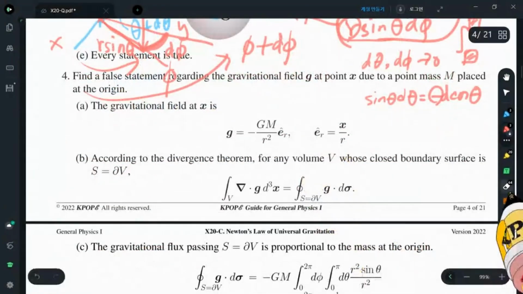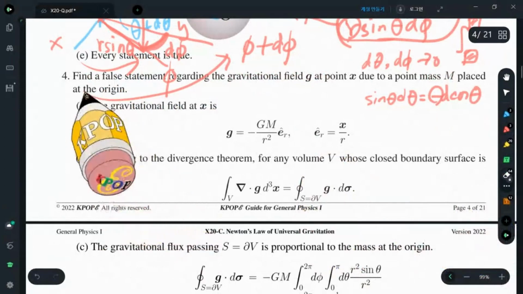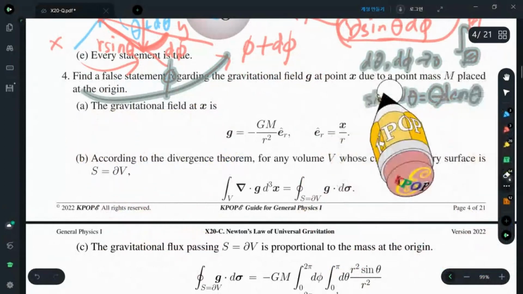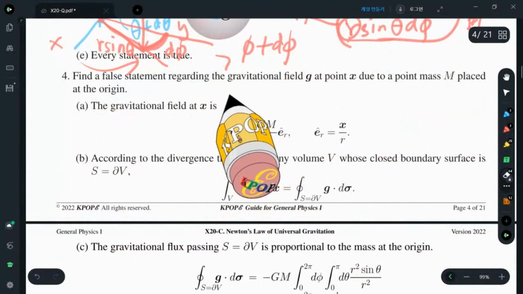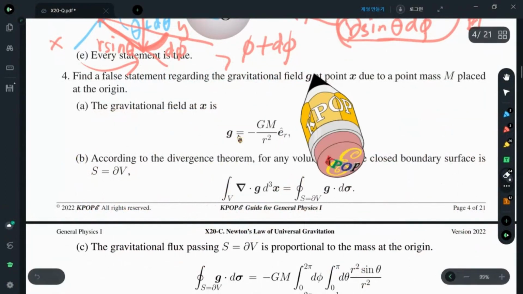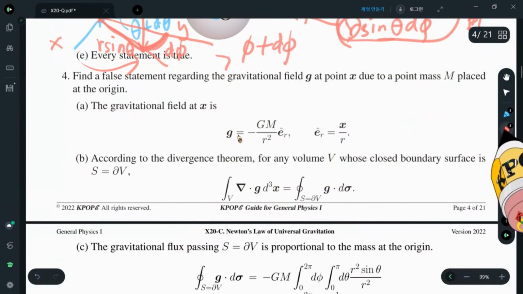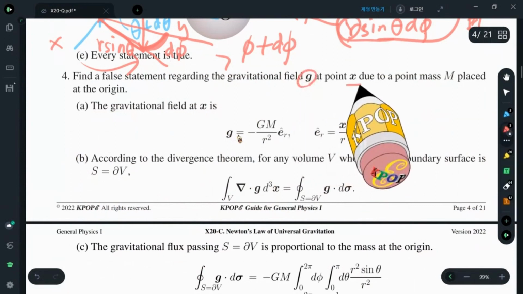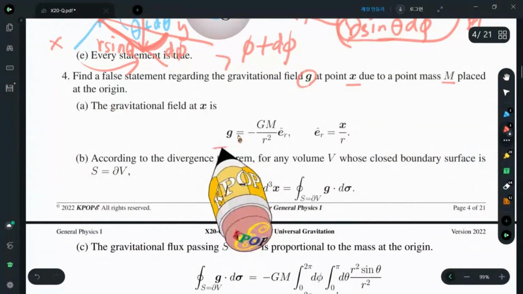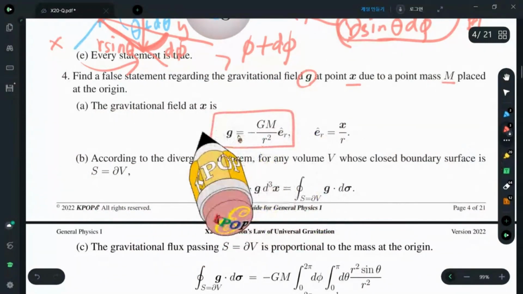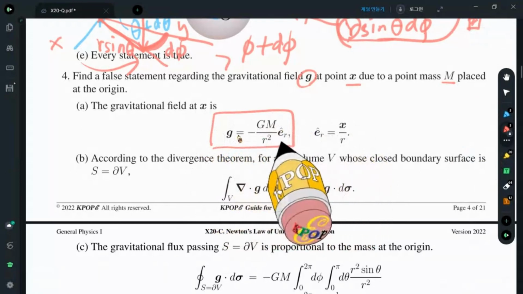Number 4, the gravitational field G at point X due to a point mass M. This is what we have derived previously, and this is a unit radial vector.